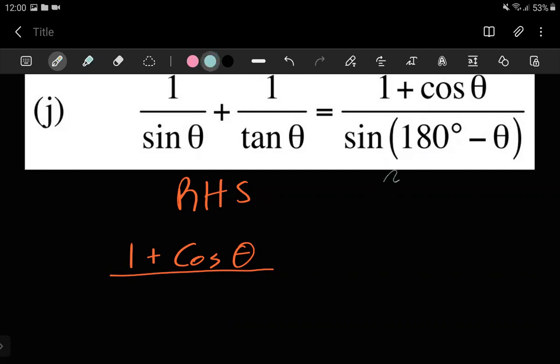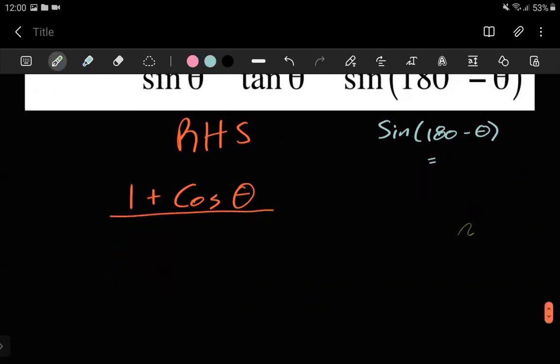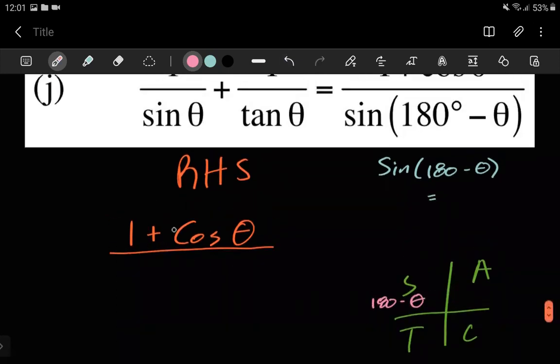So sine 180 minus theta is equal to, remember, in the CAST diagram, 180 minus looks like this. So 180 minus leaves you in this quadrant, and in this quadrant, sine is positive. So what you know is at the bottom here, just sine theta.